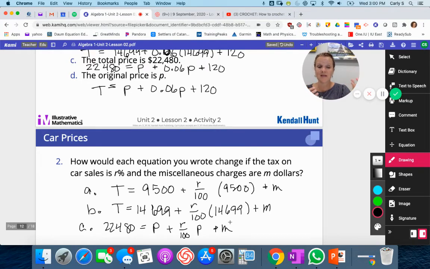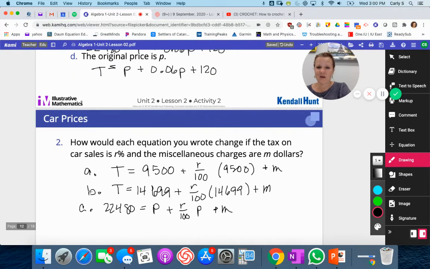We're representing more and more dollar values with letters, because then the equation is more useful in other situations. D would be T equals P plus tax over 100 times P plus M.